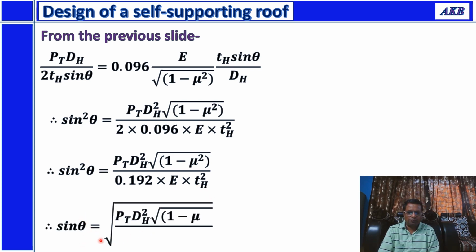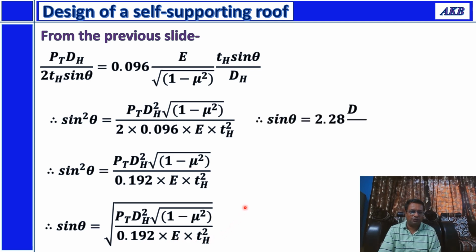And if you want to write the equation for sin theta, you need to take the square root on both sides. So that will give us this equation: sin theta is equal to square root of Pt into dH square into under root of 1 minus mu square divided by 0.192 into E into Th square. We will simplify it further.